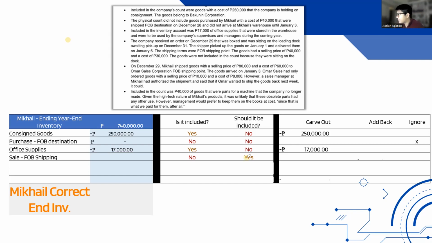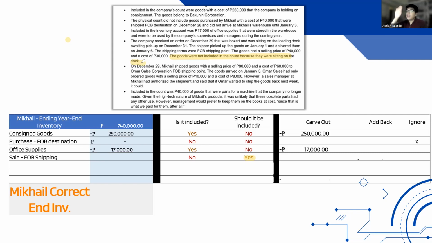But bakit siya yes? Because the goods are not yet in transit. It's still in the dock. Meaning, wala pa sa truck. So, syempre, yung buyer, pag-aari niya yun, pag nasa truck na, pero wala siya sa truck, nasa dock pa siya or nasa warehouse mo pa. So, technically, it should have been included.